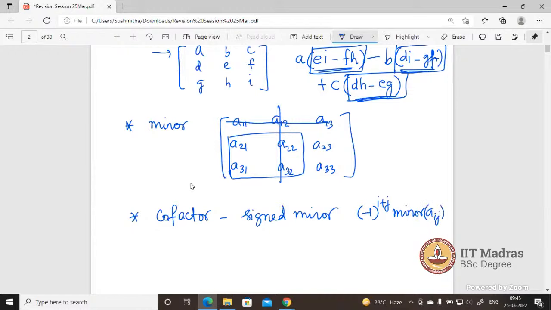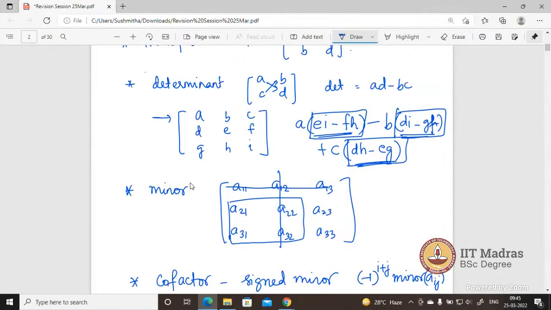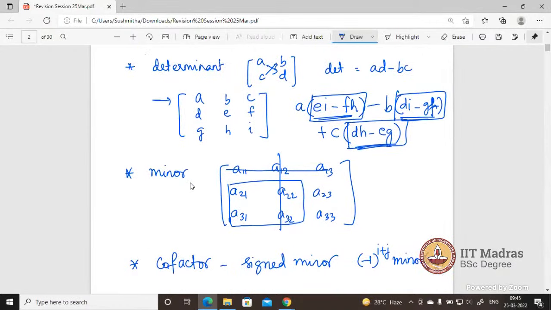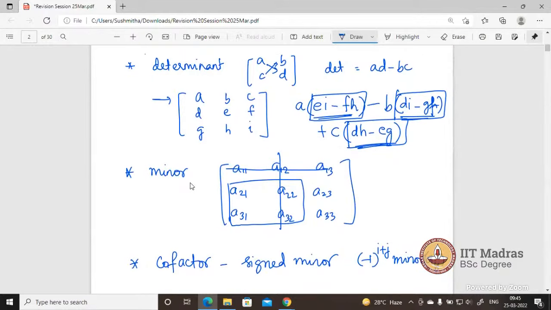You take the minor of aij and then you multiply it with minus 1 power i plus j. Here i and j represent the row and column. My matrix is aij, so this is my matrix, A11, A12. The position is based on which row and which column it appears.